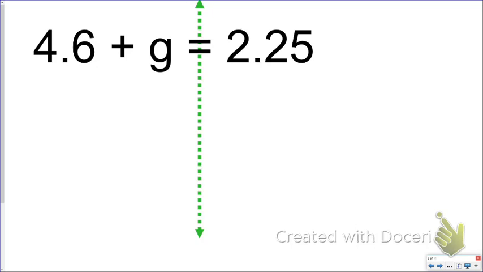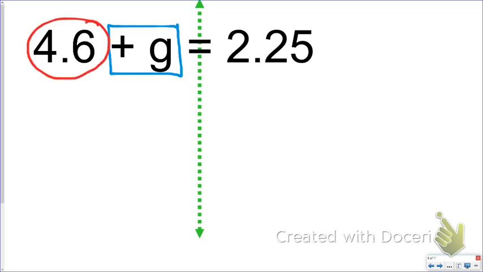All right, so here's where things get a little bit more helpful to use the inverse operation idea, or the additive inverses, because sometimes doing decimals in your head can be a little bit tricky. So here's my variable g, and I want to get rid of this positive 4.6. What's the inverse of a positive 4.6?